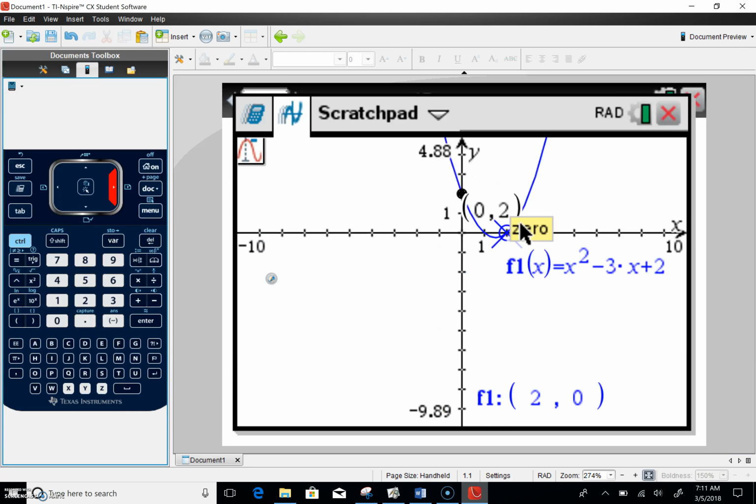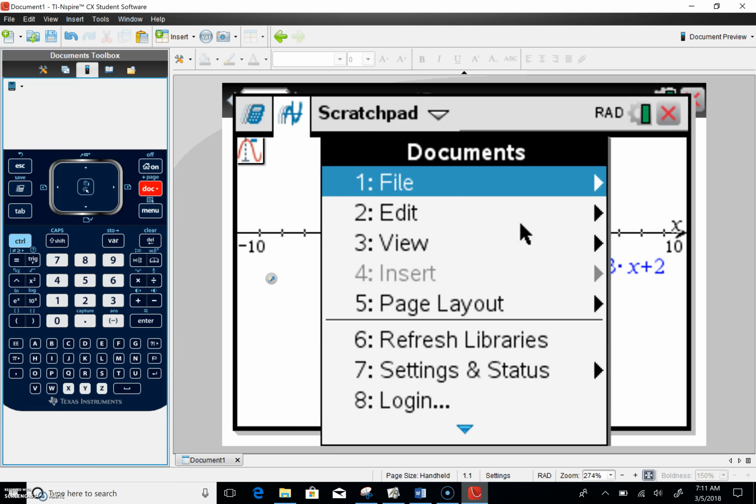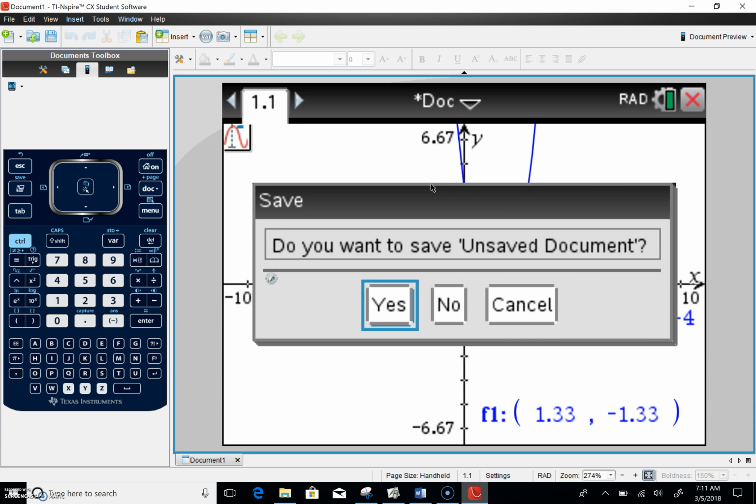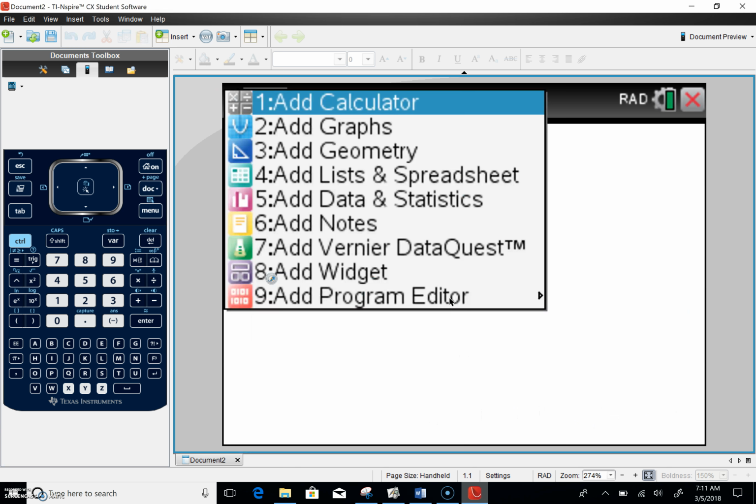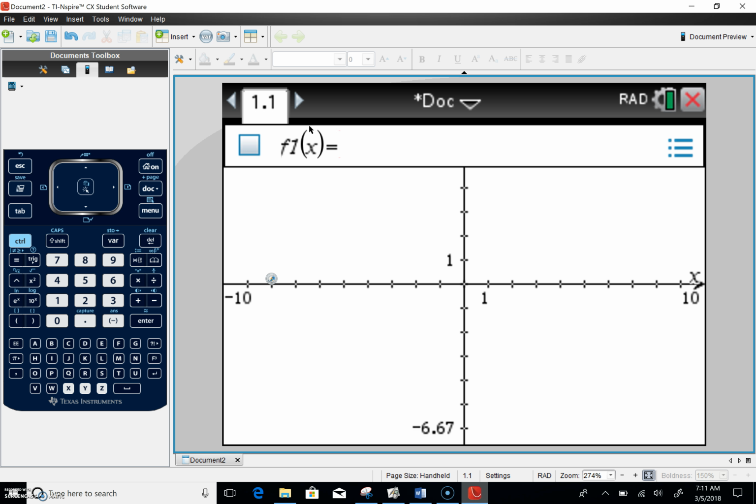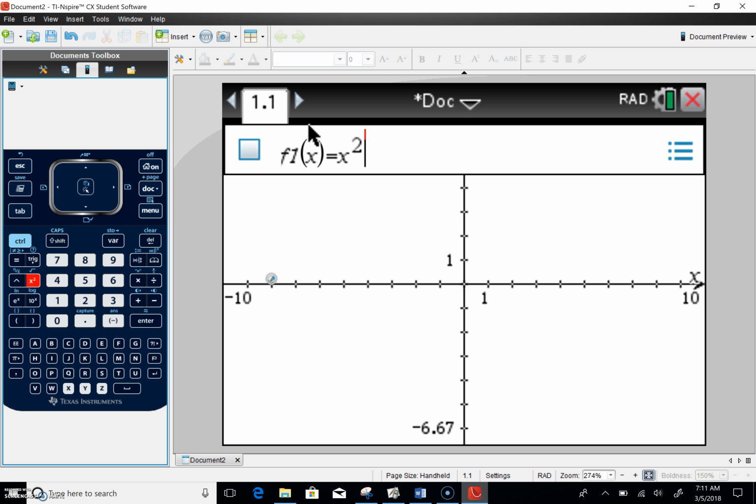Okay, so I'm going to create a new graph. I can put x squared for my first one.